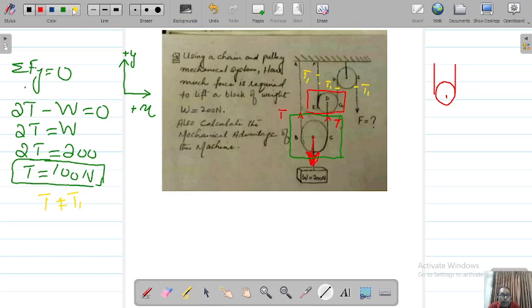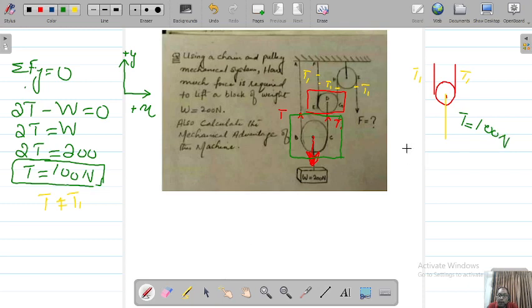So this is T1, this is T1, and this was calculated as T. And T was how much? 100 Newton. Remember, 100 Newton.